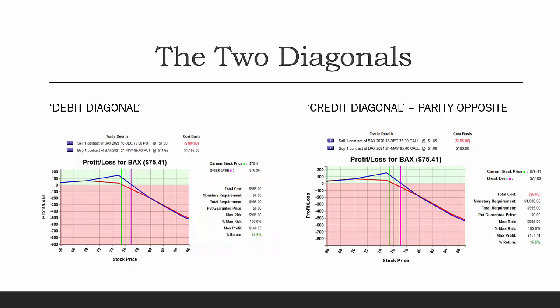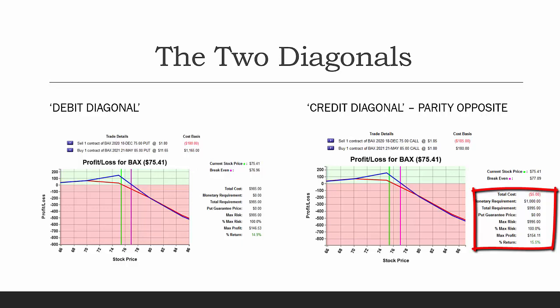When I ran that parity trade earlier, I saw that the 18th of December 75 call, compared with buying the May 85 out of the money call, had a net credit of 5 cents, different than we just looked at in real time. But I have to put up the $1,000 to cover the difference in strike prices because this looks like a credit spread.